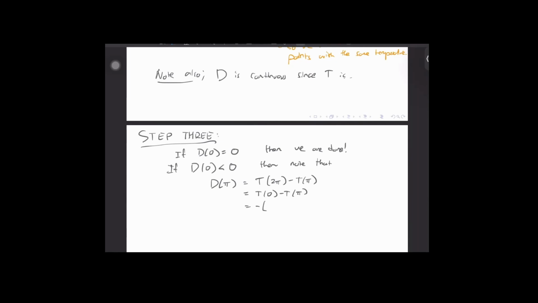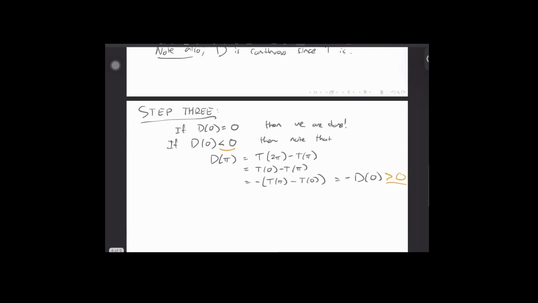And I can factor out a negative, and that's going to become negative times T of pi minus T of 0. But that's actually just negative d of 0. So if d of 0 is less than 0, then d of pi, which is negative d of 0, should be greater than 0.